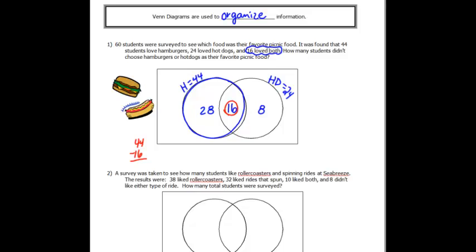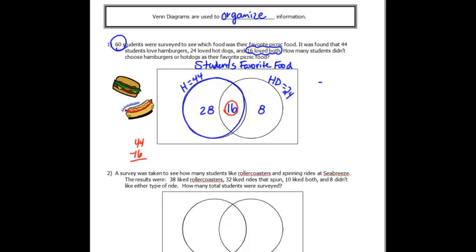Now there were 60 students surveyed, so we have to put a title, Students' Favorite Foods, and they asked us how many didn't like either. So to find out how many didn't like either, I add them all up and subtract from 60.